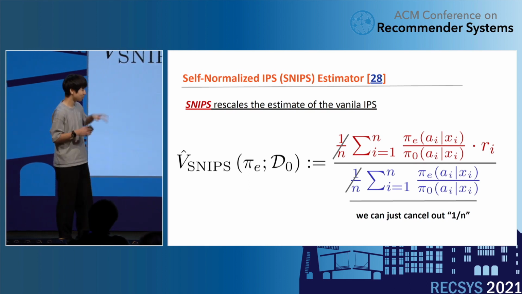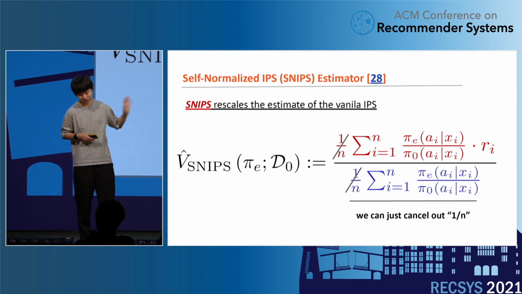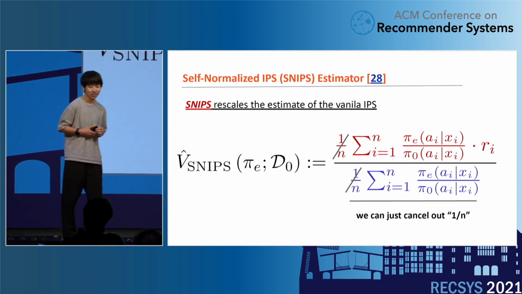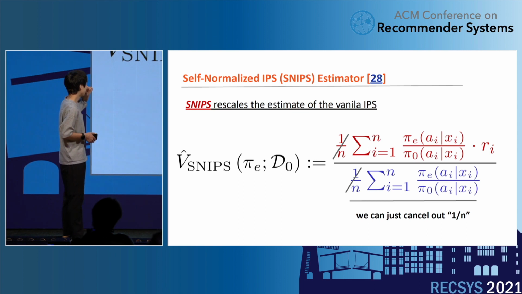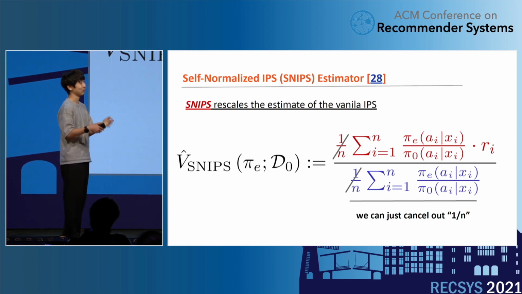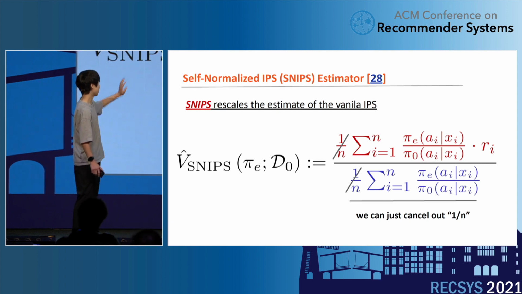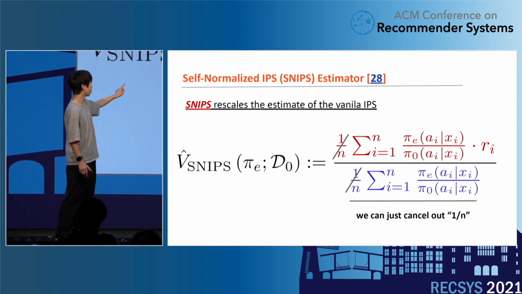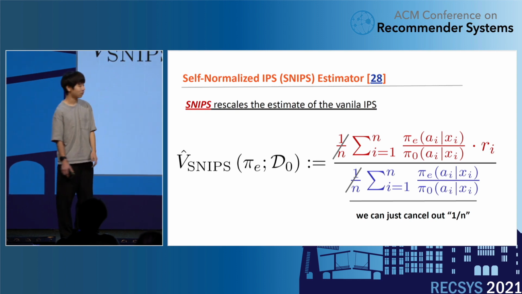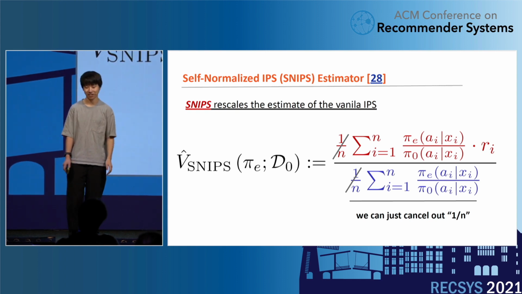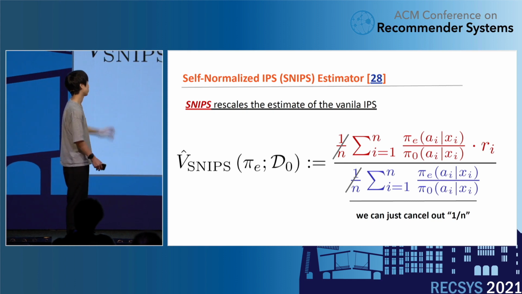So this is a slightly different interpretation of what the SnipIPS estimator is doing, right? Typically we use 1 over n when we take an empirical average of something, but the SnipIPS estimator doesn't use 1 over n. It uses 1 over the sum of importance weights rather than 1 over n. That's, I think, another interpretation of what this estimator is doing.